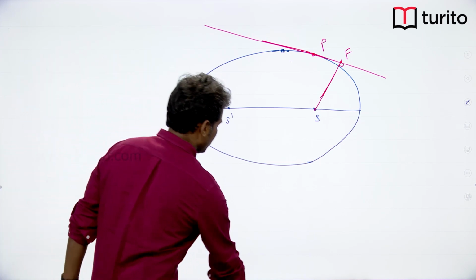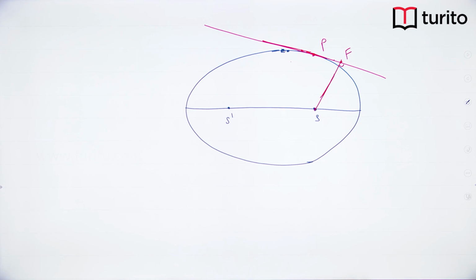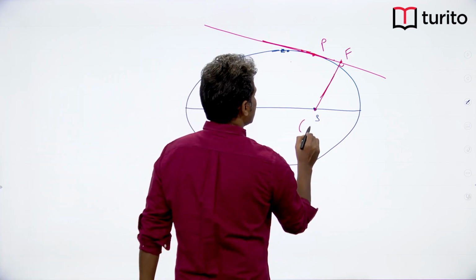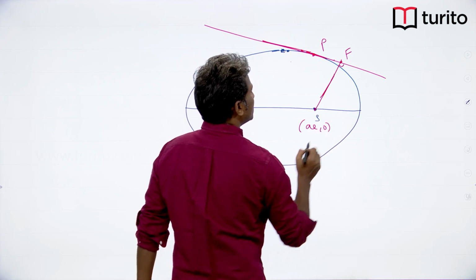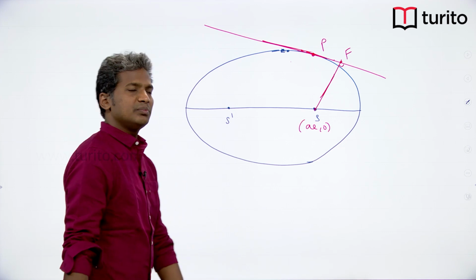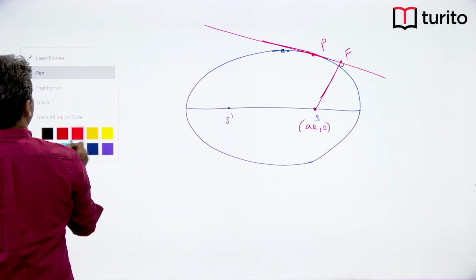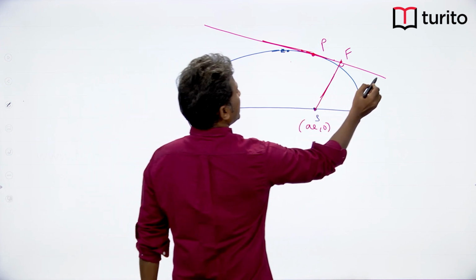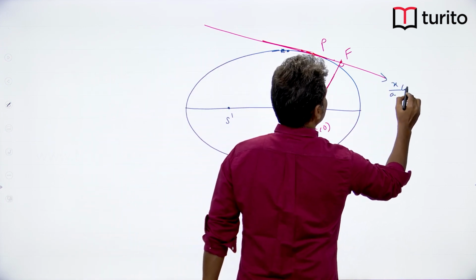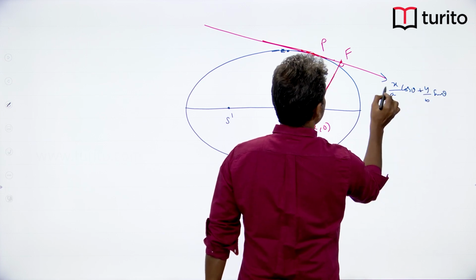To prove this, we know that the focus is (ae, 0), and if this point is (a cos theta, b sin theta), then the equation of the tangent becomes x by a cos theta plus y by b sin theta is equal to 1.